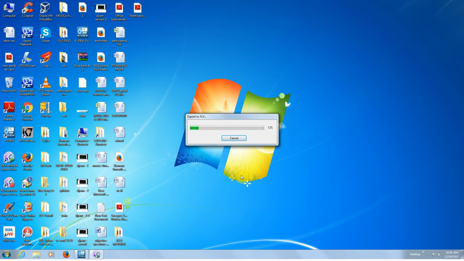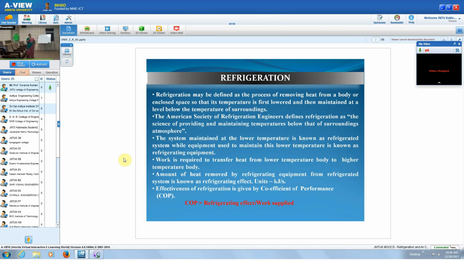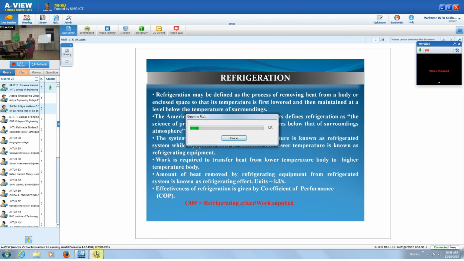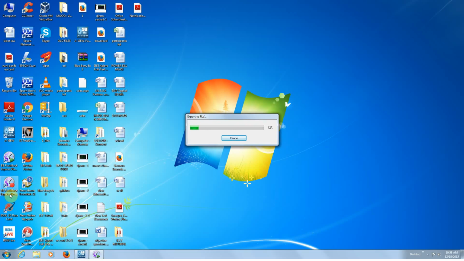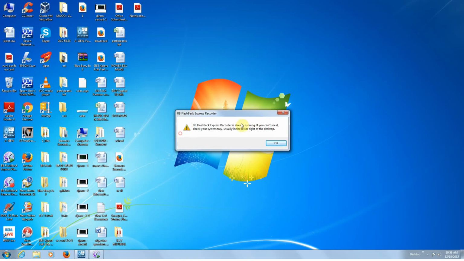As we have seen, refrigeration may be defined as a process of removing heat from a body or an enclosed space so that its temperature is first lowered and then maintained at the required temperature. That temperature will always be lower than that of the atmosphere. According to R&A, it is the science of providing and maintaining temperatures below that of the surrounding atmosphere.